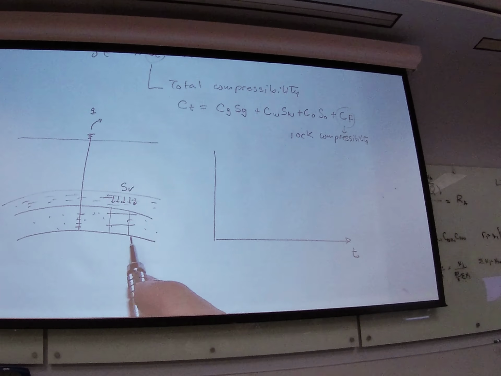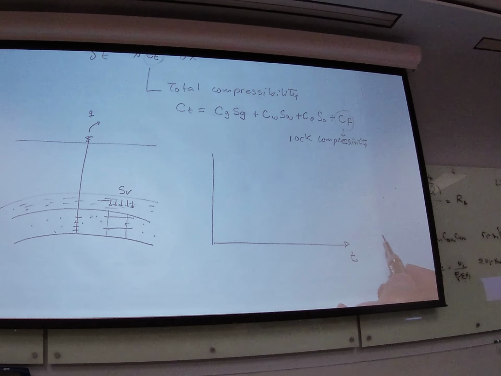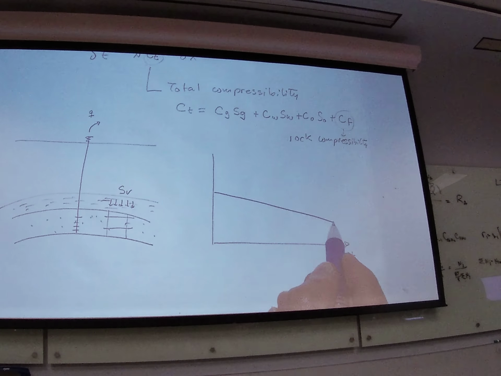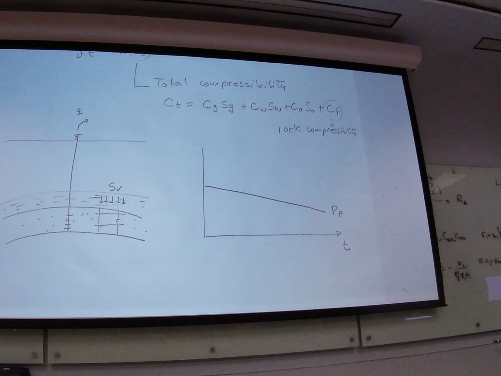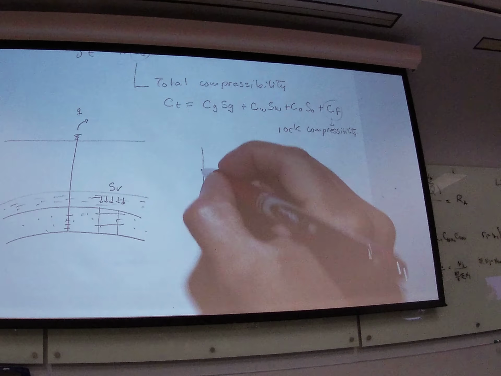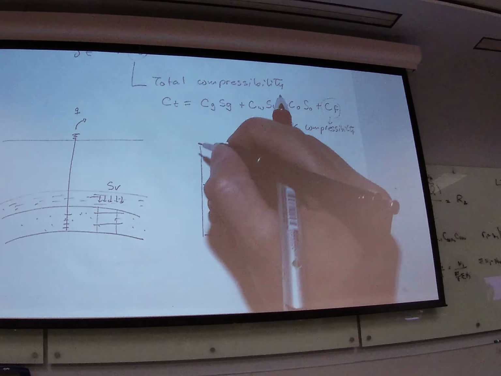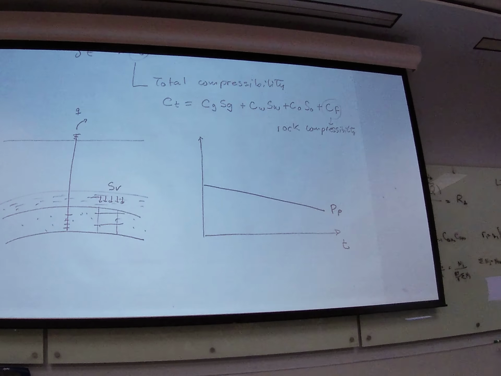In order to produce, I need to lower the pressure, right? So pressure with time, let me make it simple. I'm going to assume that pore pressure is going to decrease with time. And we know that vertical stress has to be higher than pore pressure because otherwise we will have a hydraulic fracture there.